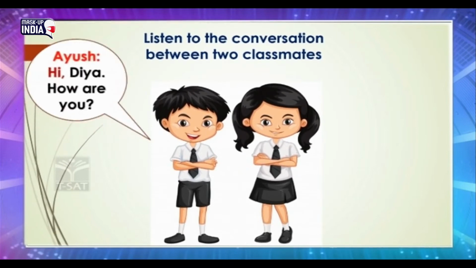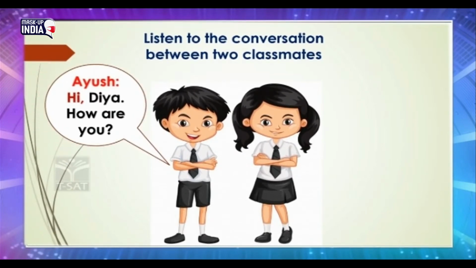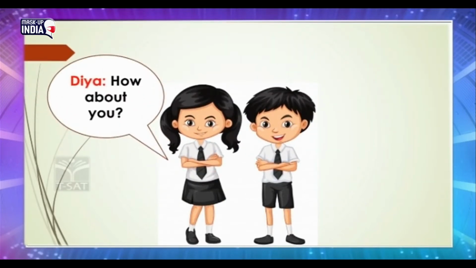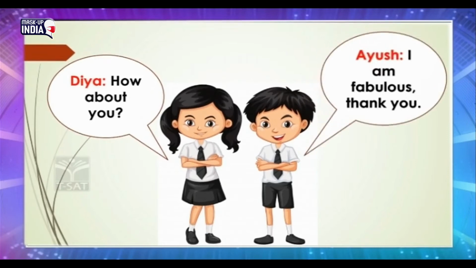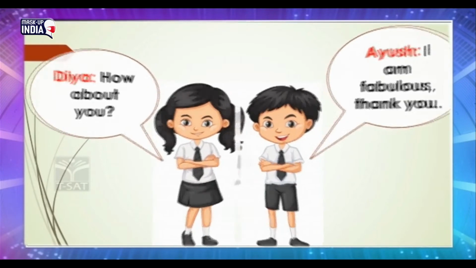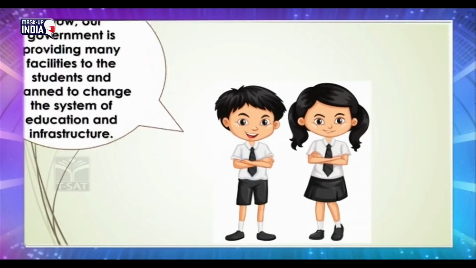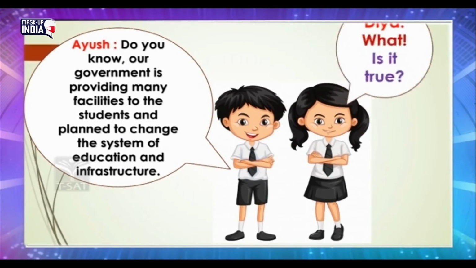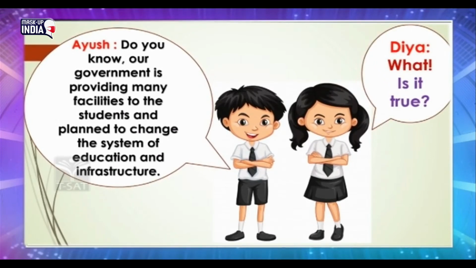Ayush: Hi Diya. How are you? Diya: Hi. I'm excellent. How about you? Ayush: I'm fabulous. Thank you. Do you know, our government is providing many facilities to the students and plans to change the system of education and infrastructure. Diya: What? Is it true?